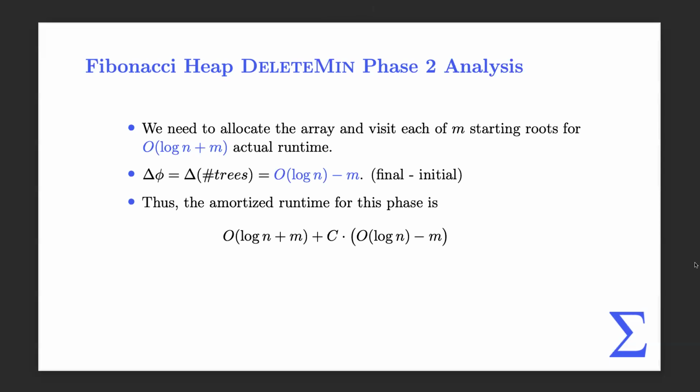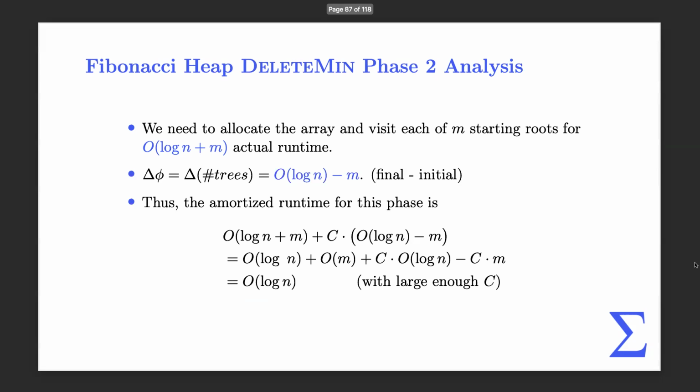From that, we can get the amortized runtime. The actual runtime was log n plus m, and then if we do some algebra, the m's cancel out. In the log n's, we can ignore the constant because big O constant.